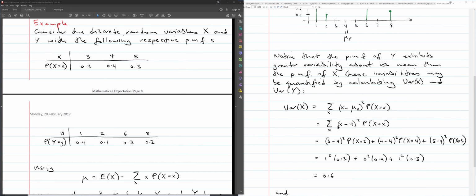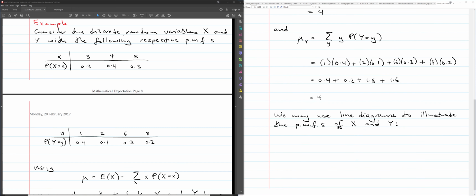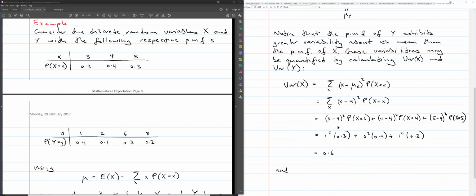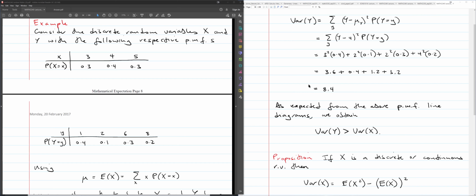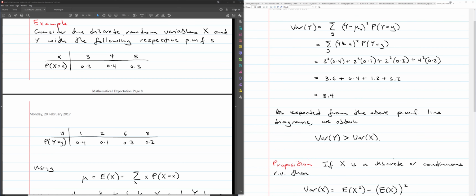So to get the variance of Y, we use the same formula, but now the random variable is Y. Your possible values for Y would be 1, 2, 6, and 8.